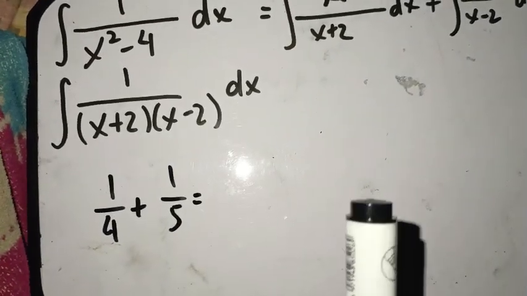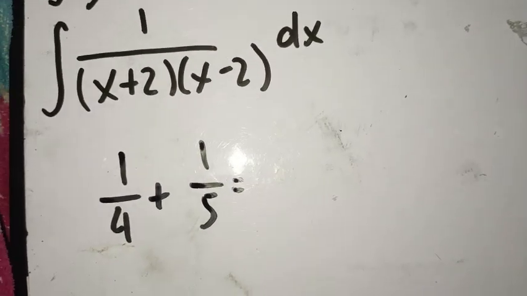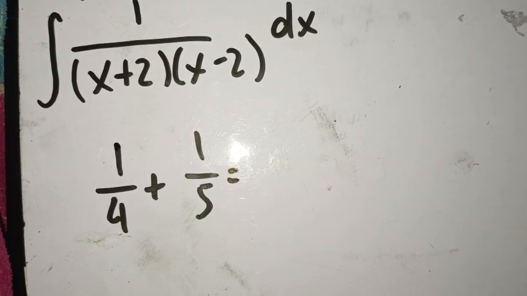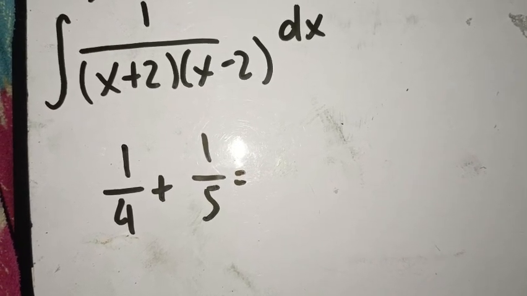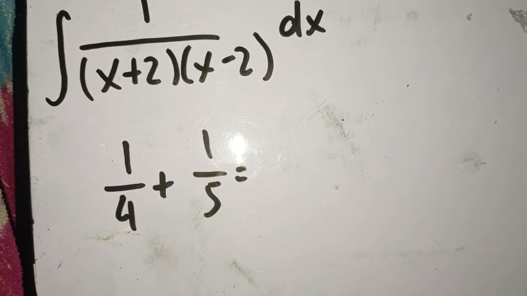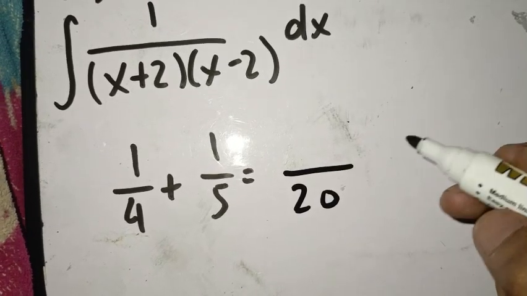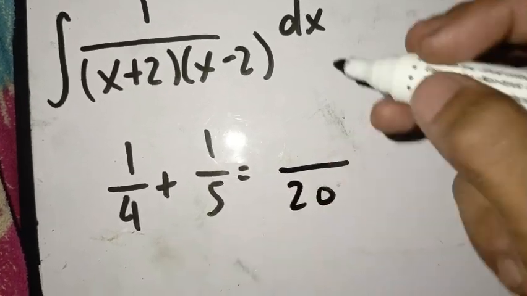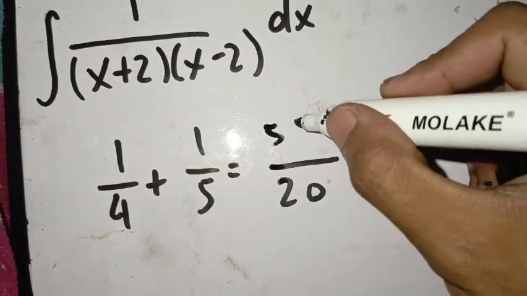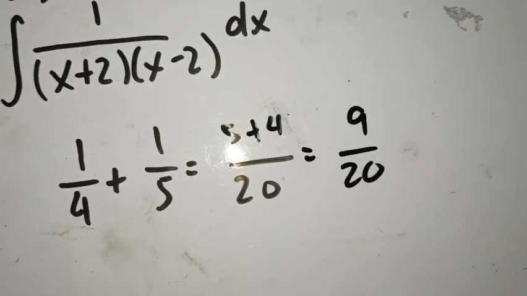We know that solving fractions that don't have the same denominator requires us to get their LCD, or make their denominators the same. Their LCD is 20. So 20 divided by 4 is 5, times 1 is 5. 20 divided by 5 is 4, multiplied by 1 is 4. So it is 9 over 20.